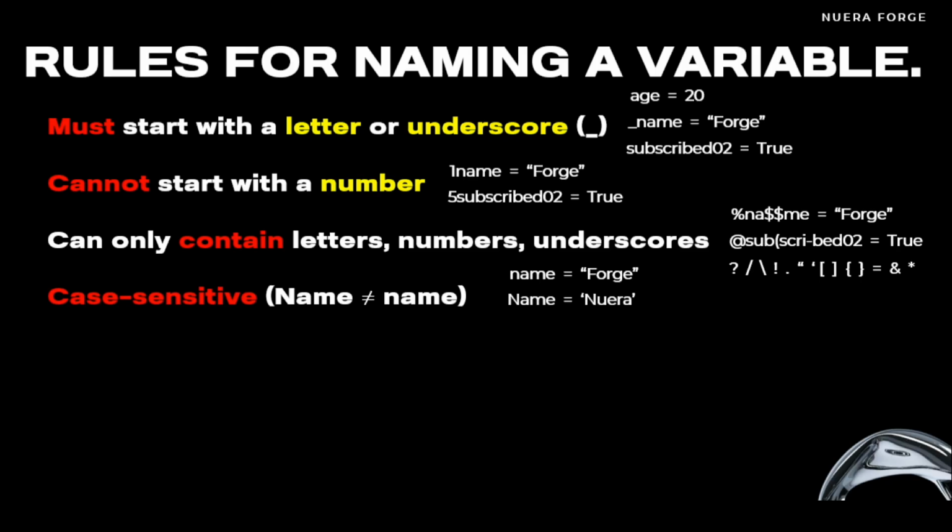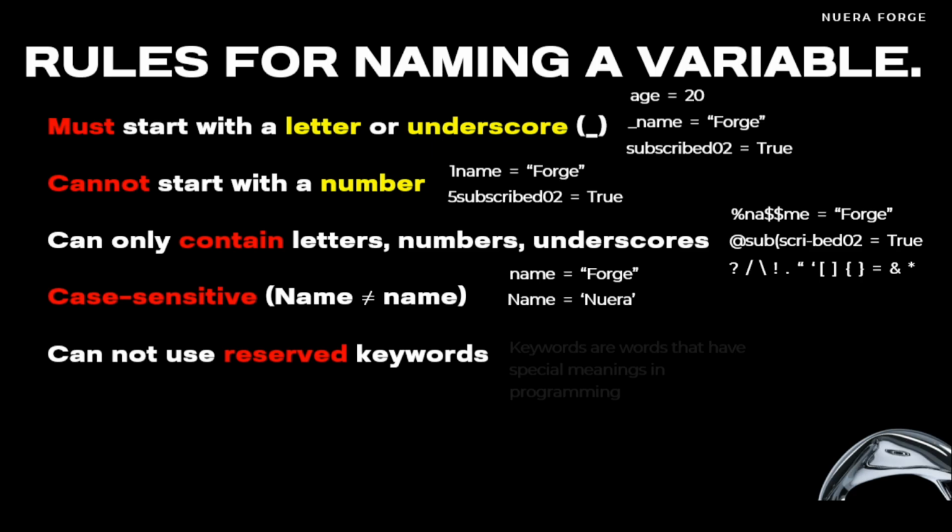Then the other thing is you cannot use reserved keywords when you're creating variables. So you have to be careful. When I talk of reserved keywords, I mean words that have special meaning in programming. They are already known by the programming language or the interpreter to perform a special action or a special activity within the flow of the code.